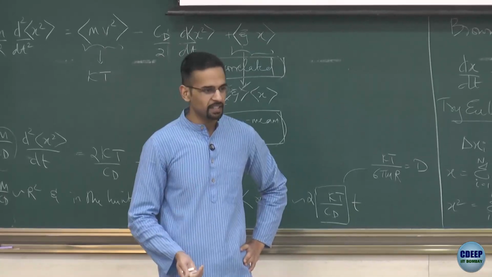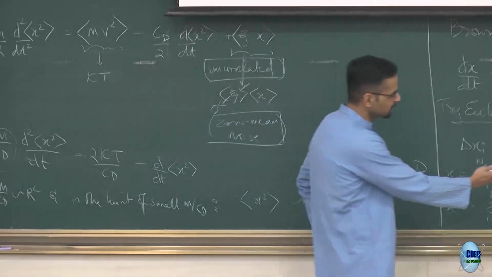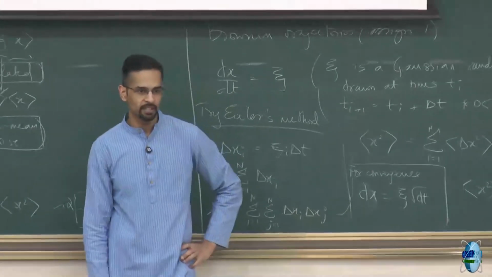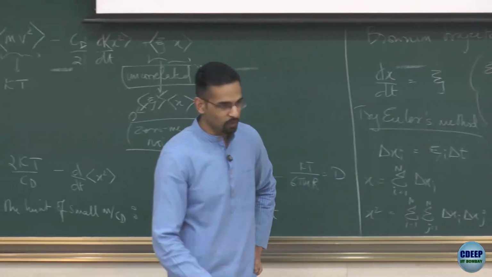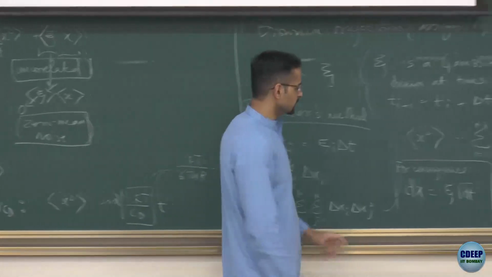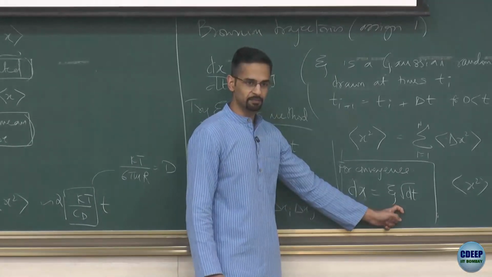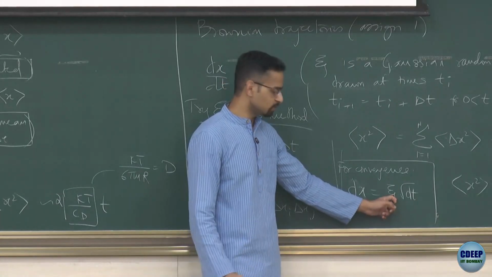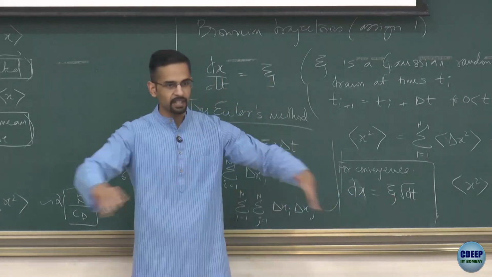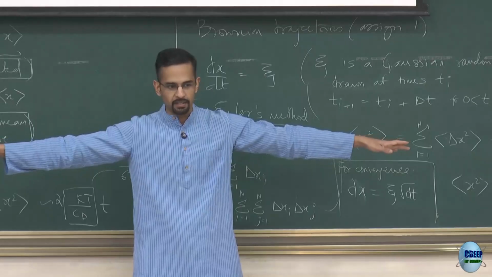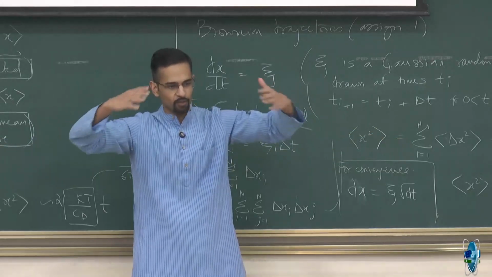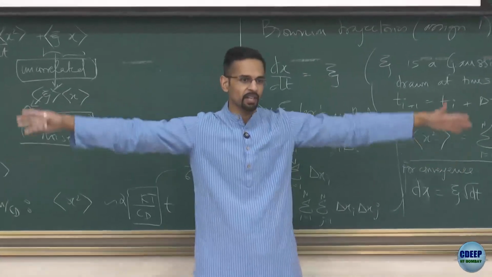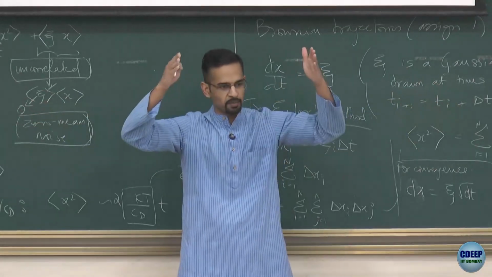Then you can check other nice things, like verify that the answer you get is independent of the resolution, and also that it doesn't matter what distribution you use for zeta, which might seem surprising. I can take Gaussian, where in principle zeta can go to infinity. Gaussian doesn't have any limit; it falls off, but there is always some finite probability to take a large zeta, whereas uniform will cut off.